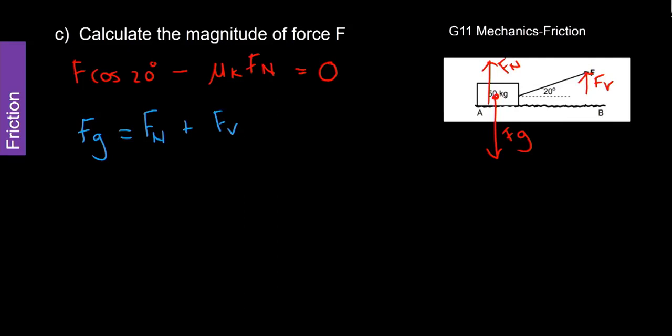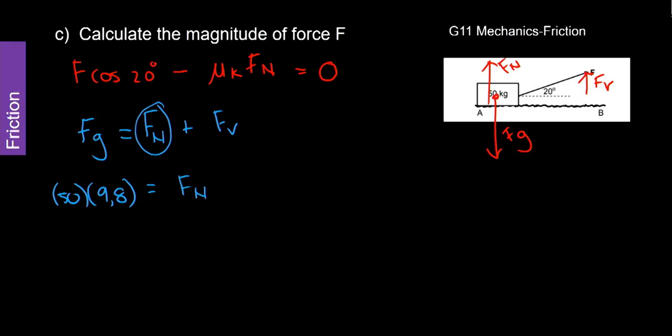Okay, there we've got our normal force. We can calculate that, or we can get an equation to help us calculate that. So let's go with this. So a gravitational force is going to equal 50 times 9.8. We know that it's mg, right?